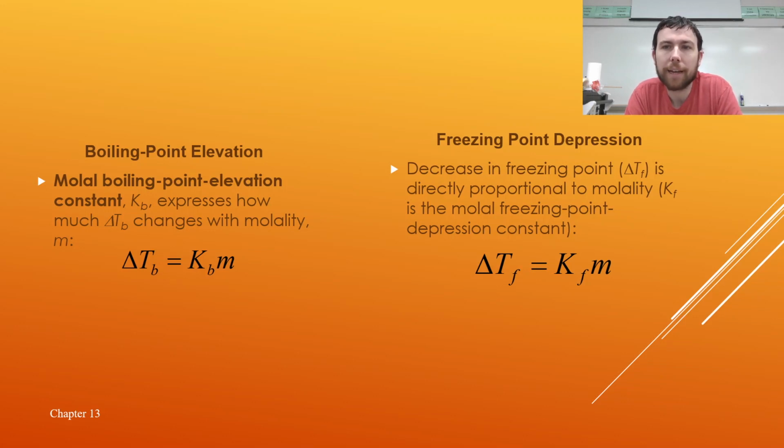How we can calculate that is directly proportional to the molality. And what we see here, delta Tf, the change in the freezing point of our solution, is going to be equal to Kf, which is the molal freezing point depression constant, times m, right? And for reference, you would never have to memorize any of those constants like Kb or Kf. Those would be provided to you in the context of a problem, if you were given one.